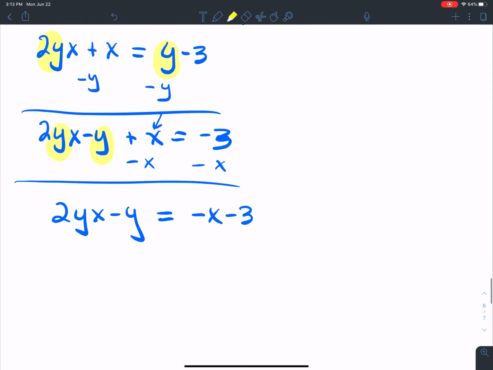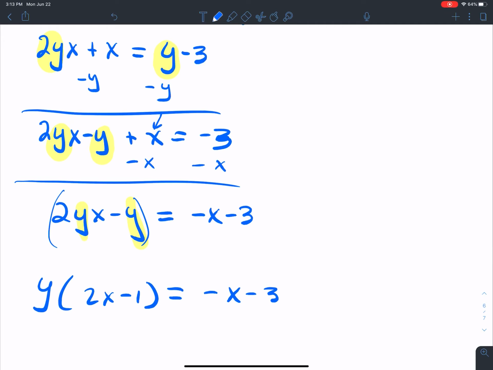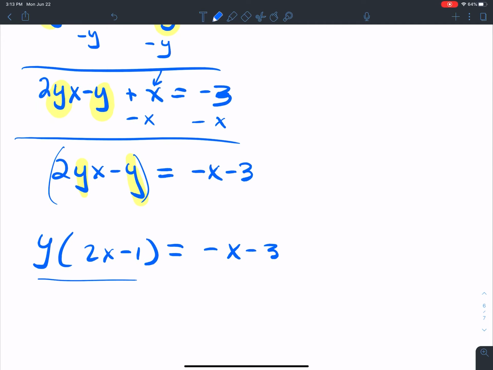Now look, guys, I've got a y in this term and a y in that term. The most common thing people forget in this whole class is to GCF. I can pull a y out of both of those. If I factor a y out of both, I have (2x minus 1). And if I divide both sides by 2x minus 1, I have now solved for y.